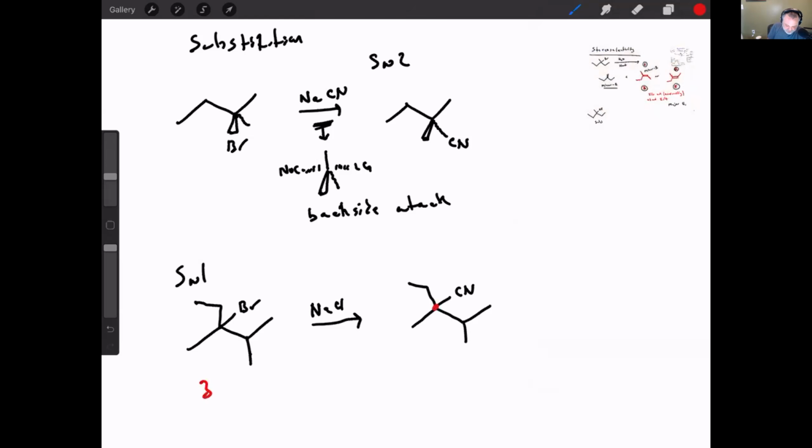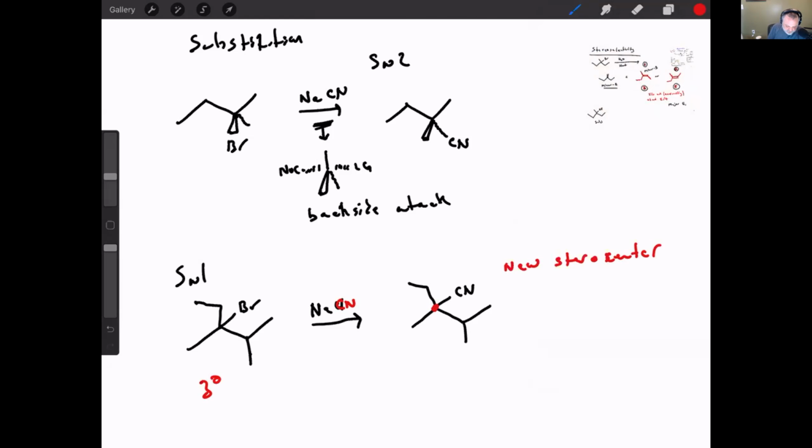This is a tertiary substrate with a good nucleophile. This red carbon is a new stereo center that forms.